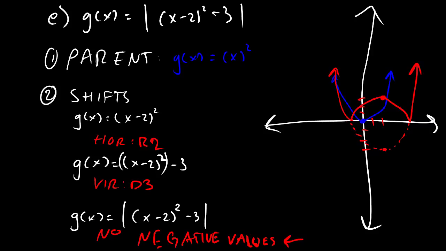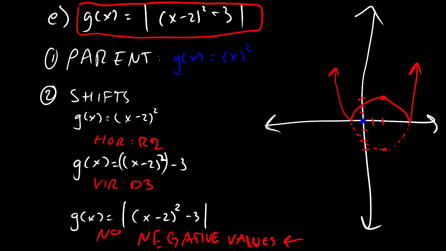All that happened was that my dotted line got shifted up. So we have another bat boomerang. Our graph, g of x is equal to the absolute value of the quantity x minus 2 squared minus 3, looks like our good old bat boomerang. Perfect. Lovely.